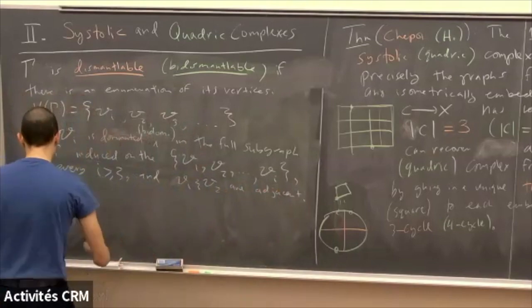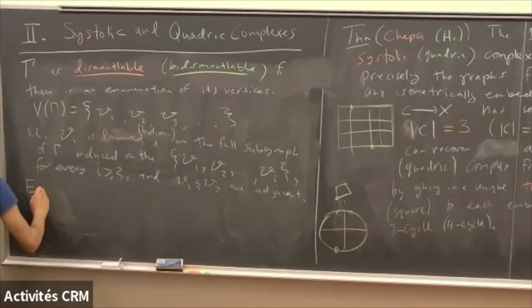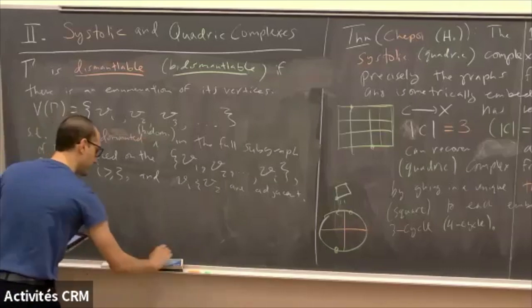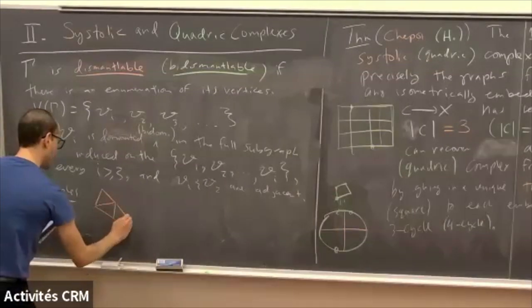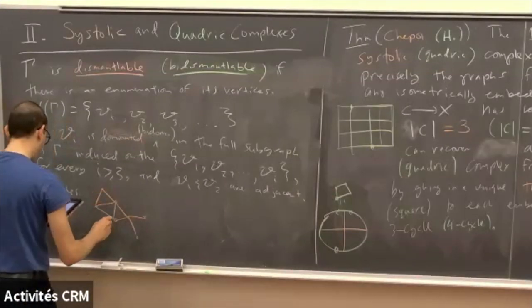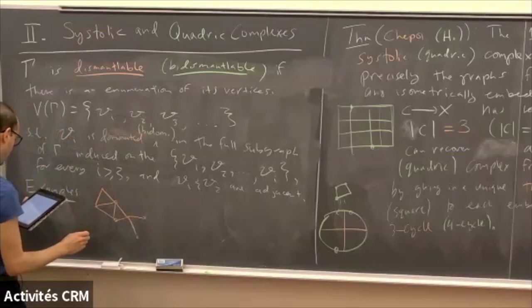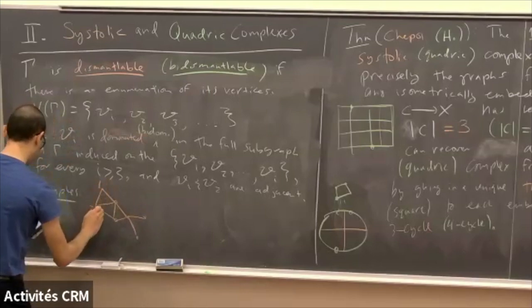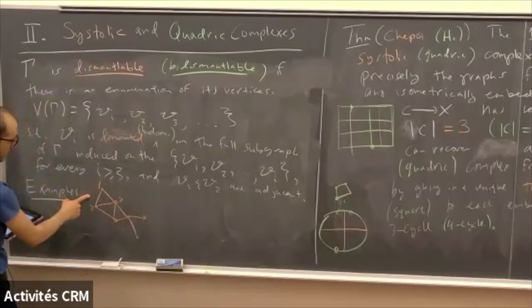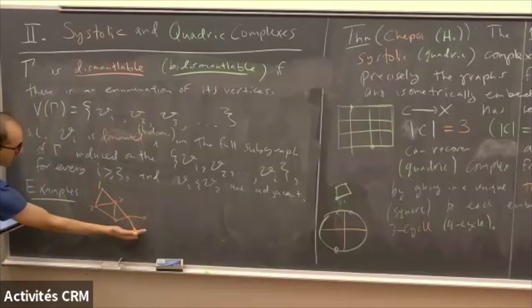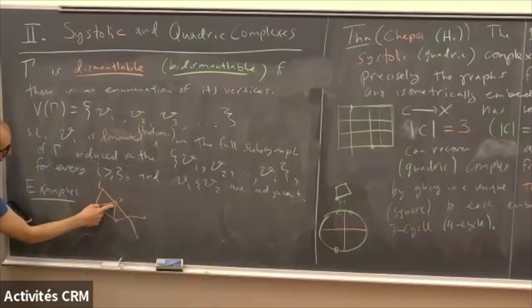Okay. So let's look at examples of dismantlings. Here's a graph, and here's a dismantling order 1, 2, 3. So 1 and 2 are adjacent. In the prefix, 3's neighbors are 1 and 2, and 1 is also a neighbor to 2.